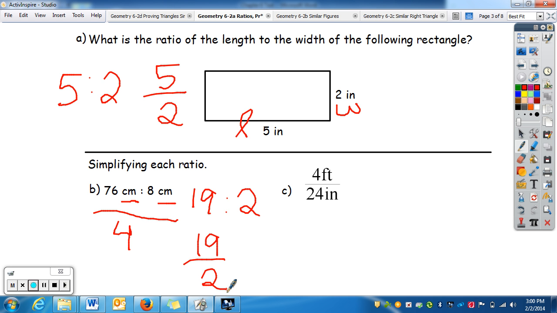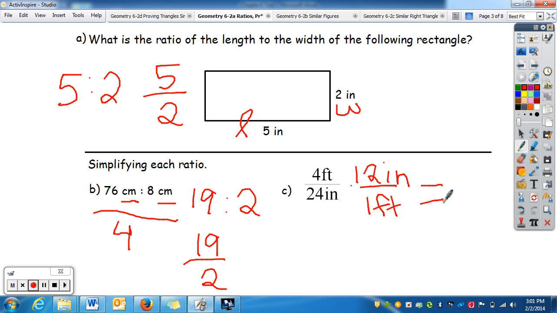C is a little different because they are not of the same unit. We have feet and inches. So then I need to convert. I need to multiply by the conversion rate. So for every 1 foot, it is 12 inches. Okay, my units cancel out.